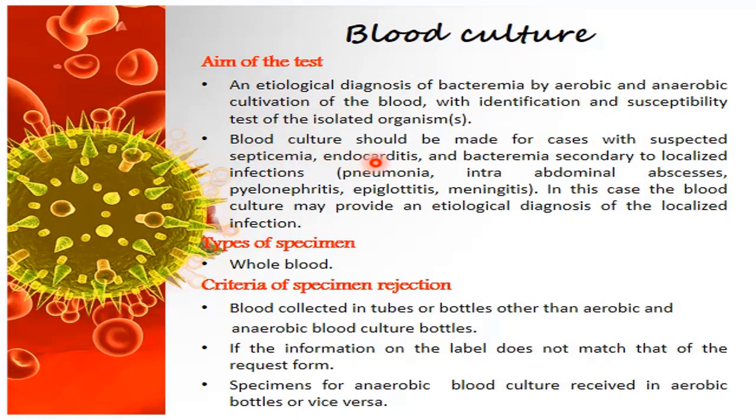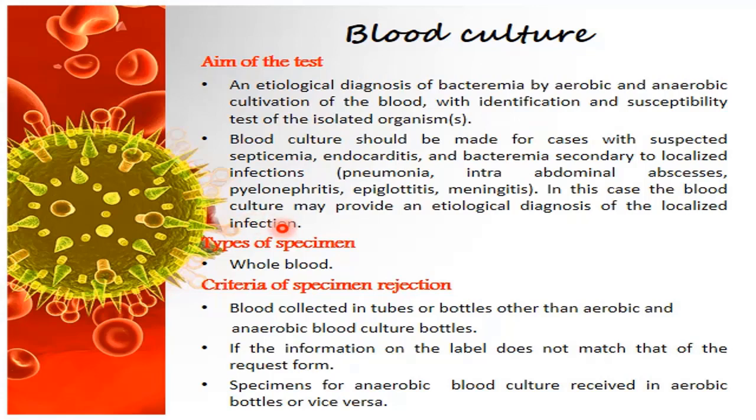Blood culture should be made for cases with suspected septicemia, endocarditis, and bacteremia secondary to localized infection like pneumonia, intra-abdominal abscess, pyelonephritis, epiglottitis, meningitis. In this case, a blood culture may provide an etiological diagnosis of the localized infection.